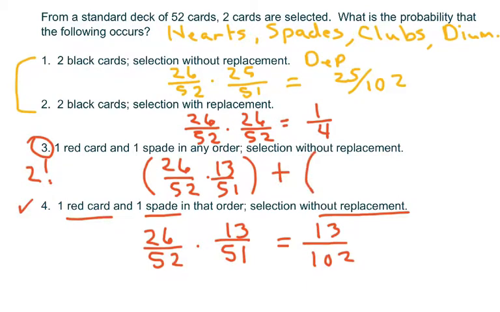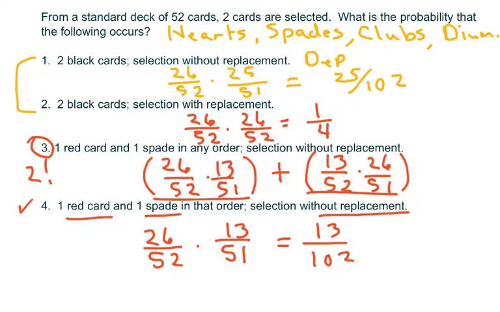So, and means to multiply in probability. We could have got the spade first, which would be 13 over 52, times, and then we have 26 over 51. These two amounts are the same. They're both 13 over 102.